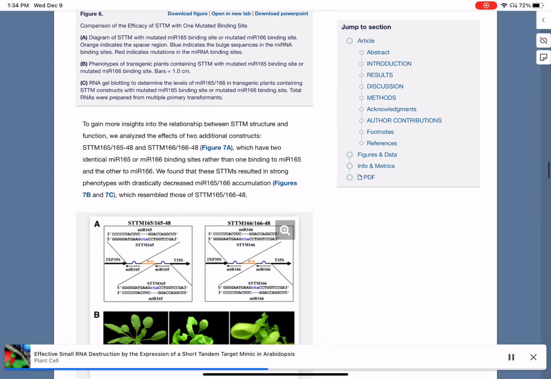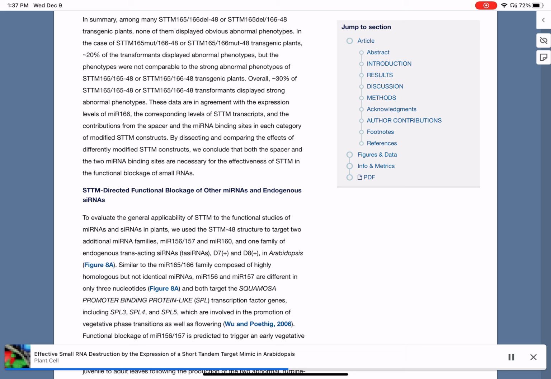In the case of STTM 165-MUT 166-48 or STTM 165-166-MUT48 transgenic plants, approximately 20% of the transformants displayed abnormal phenotypes, but the phenotypes were not comparable to the strong abnormal phenotypes of STTM 165-165-48 or STTM 165-166-48 transgenic plants. Overall, approximately 30% of STTM 165-165-48 or STTM 165-166-48 transformants displayed strong abnormal phenotypes.